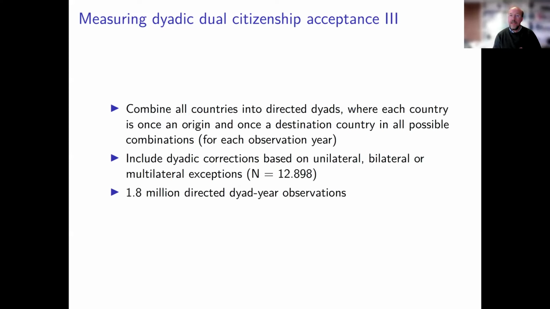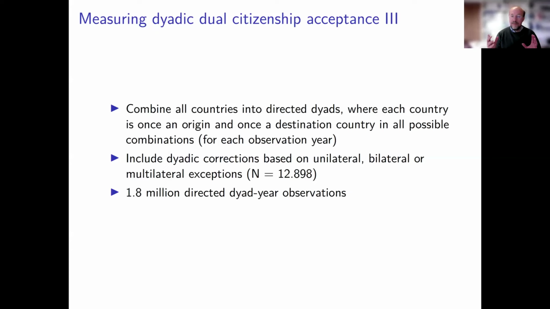So we consider each country in our data set both a destination and an origin country, because we have data on acquisition rules and loss rules in our data set. And then we combine all those countries. So this is 201 countries times 200, and then we multiply that with the number of years in which these countries exist, and that leads to about 1.8 million combinations.